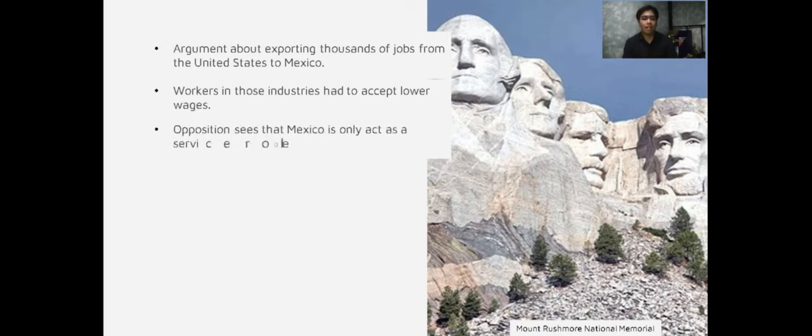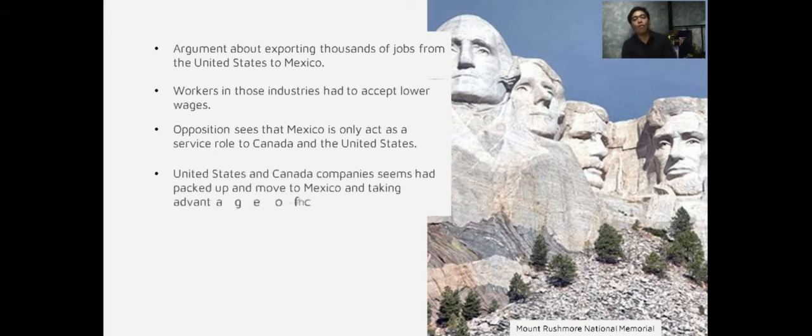Opposition argues that Mexico only acts as a service role to Canada and the United States. Second, labor migration has surpassed wages. US and Canadian companies seem to head back and move to Mexico, taking advantage of cheap labor.